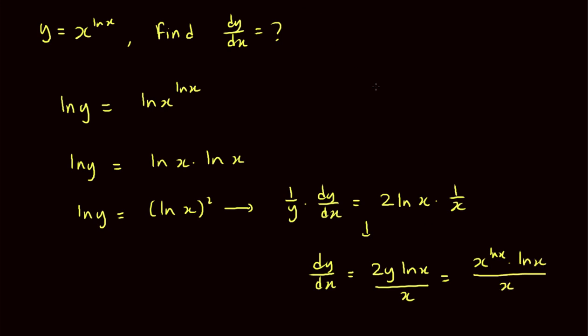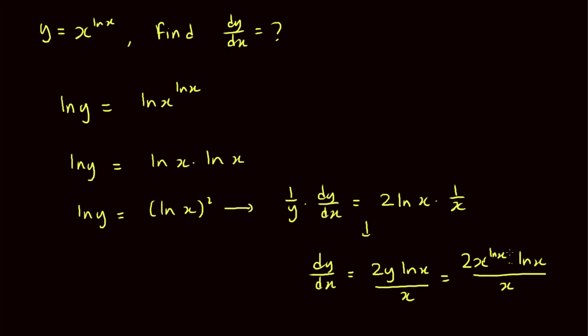I know it's a little bit quick, by the way, because I have some stuff going on actually, so I apologize for the very rapid pacing. Of course we forgot the 2, so I've multiplied with the 2. So 2x to the power of ln x times ln x over x.